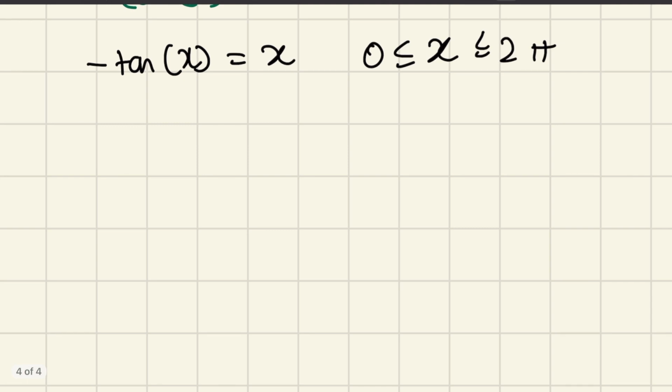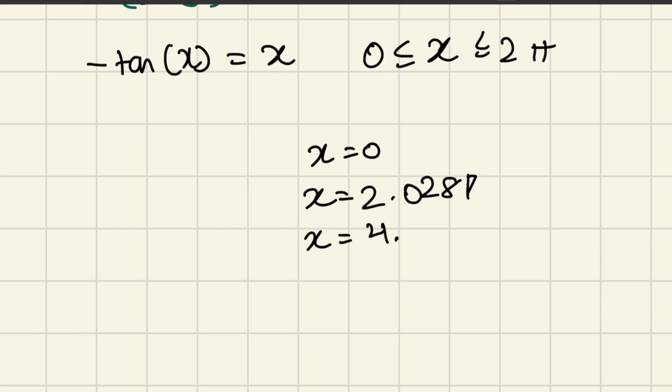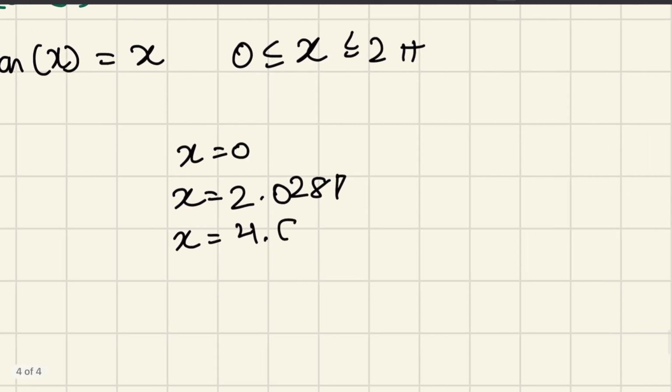We get x equals 0, x equals 2.0288, and we get x equals 4.9132. Now, if you have the standard mode on your ClassPad, you'll get an answer in terms of pi.